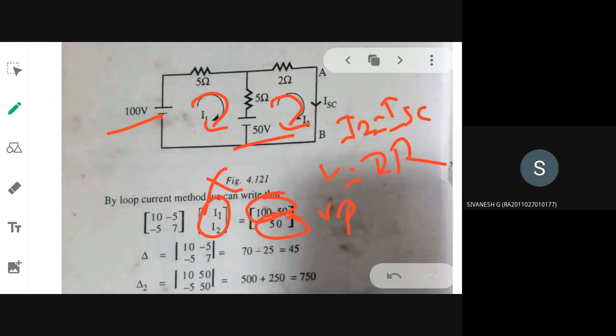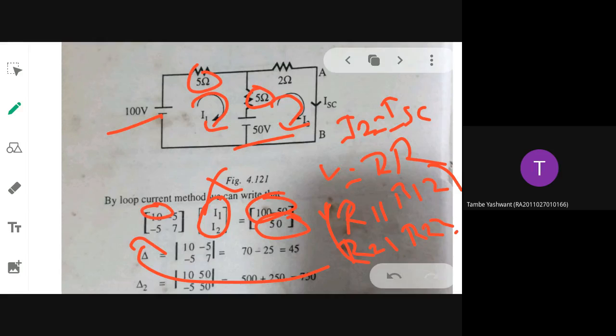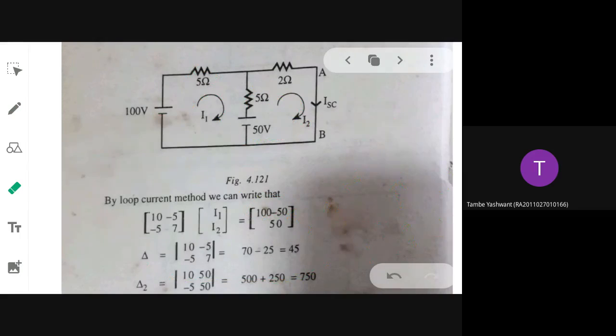Now what are R11, R12, R21 and R22? That is the resistance matrix. What is the sum of the resistances in the first mesh? 10. That is R11: the 5 ohm plus the 5 ohm present here gives 10. Which resistance is common between the first mesh and the second mesh? 5 is common, so give it a negative sign, minus 5.